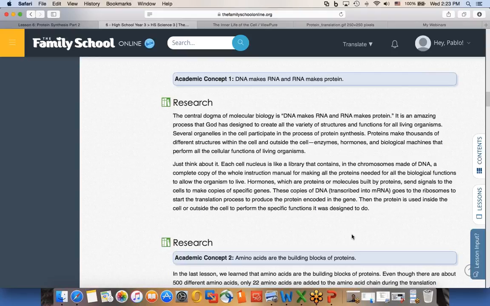I have a question. I hear a comparison between DNA, RNA, and proteins. So what is the DNA?